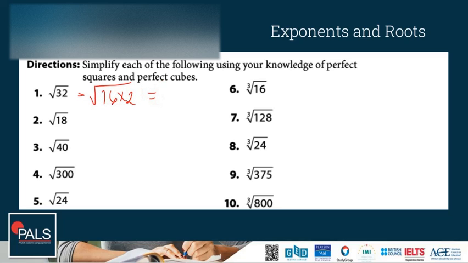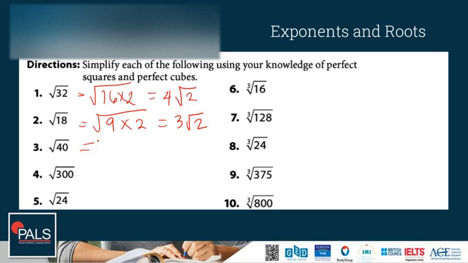Square root of 16 is 4. Then square root of 2 remains. So 4 square root of 2. Square root of 18, the factors are 9 times 2. So 9 is a perfect square. Square root of 9 is 3, so 3 square root of 2.